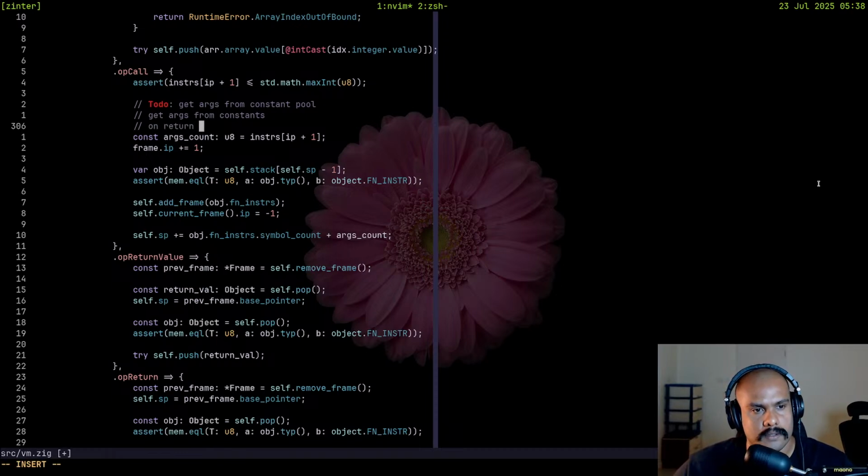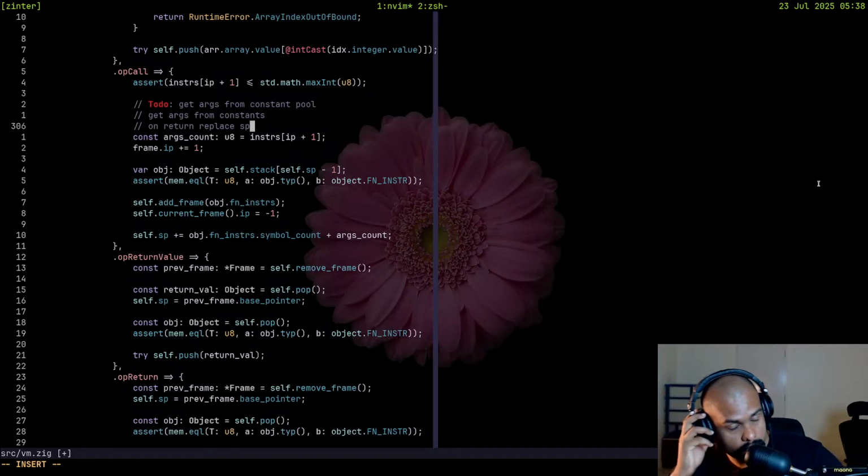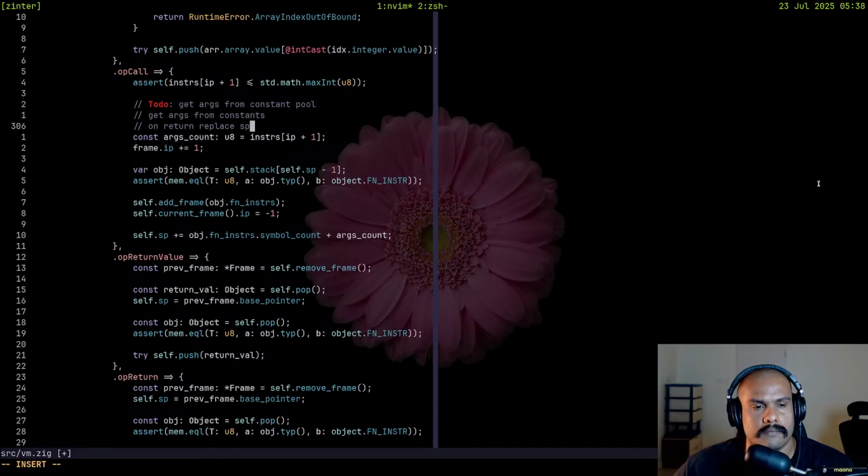On return, replace stack pointer. So this won't be the object.